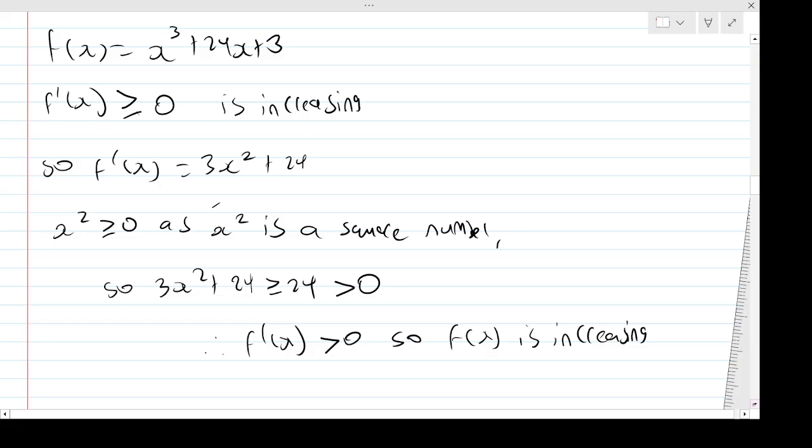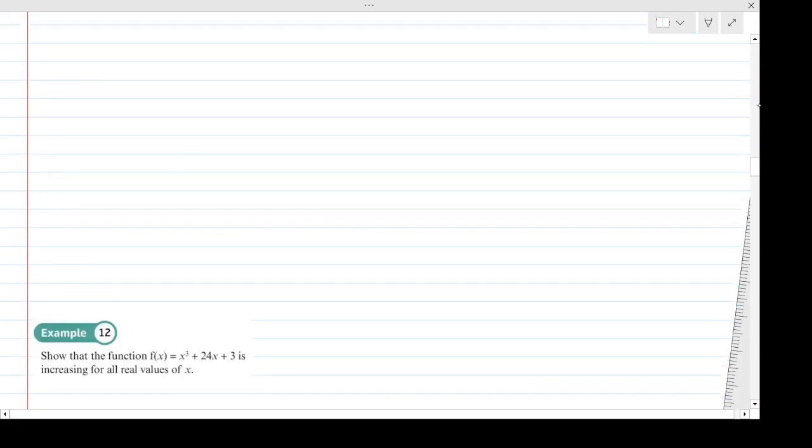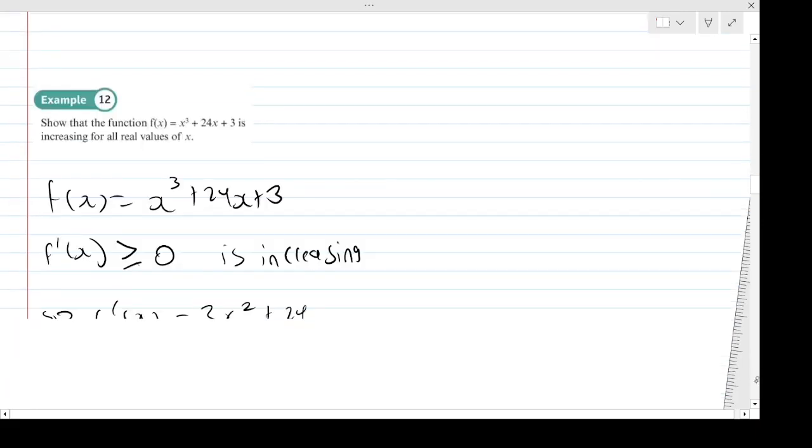If f dash is negative, then it's decreasing, okay? And so f of x is increasing there because the gradient is positive. Right, and that's all it is to it. Technically, it would be strictly increasing because it's strictly greater than 0, but usually they're not that bogged down with that specific detail. But yeah, okay, cool.